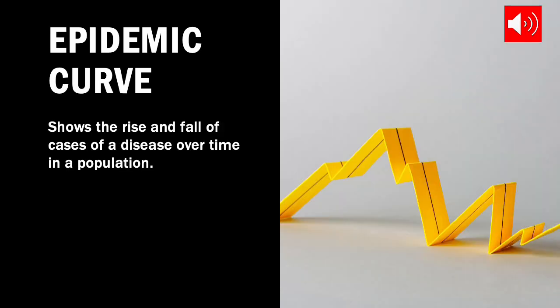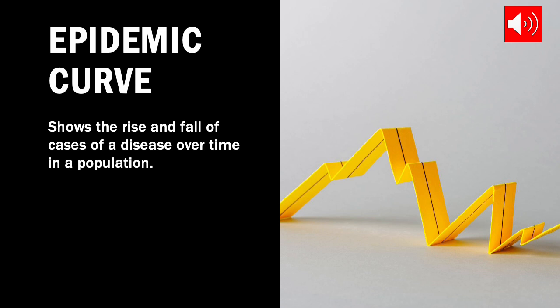So hopefully some of you have already heard of this term. When you're talking about the epidemic curve, you're showing the rise and fall of cases of a disease over time in a population. We saw this constantly on the news during COVID, talking about the curve to look at the rise and fall of COVID cases over time in different areas.